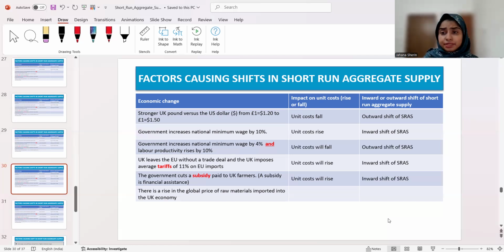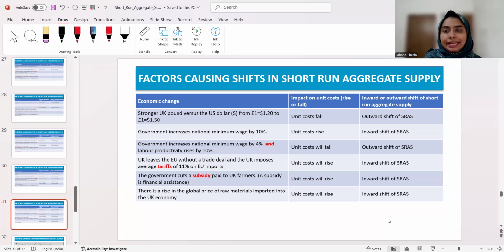Then government subsidy: if the government provides subsidy, that will improve SRAS; if the government cuts the subsidy, that can shift SRAS leftward. Finally, raw material prices can directly affect the cost of production, so of course they also influence the short-run aggregate supply curve.